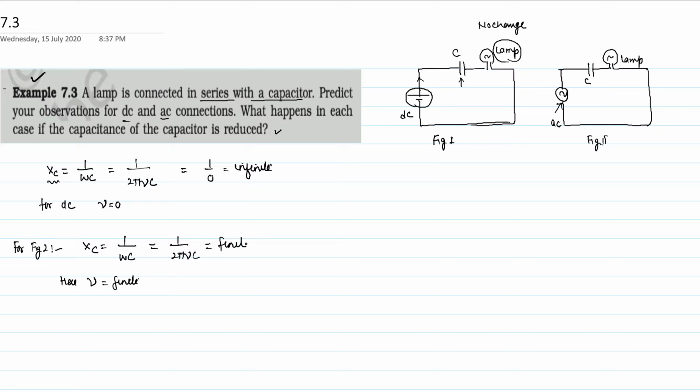As we have discussed earlier, AC will flow through the capacitor, but the capacitor will limit and regulate the current. The capacitor allows AC to pass through it. Hence the lamp will glow.